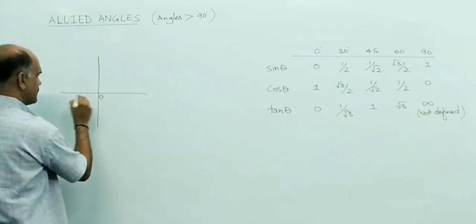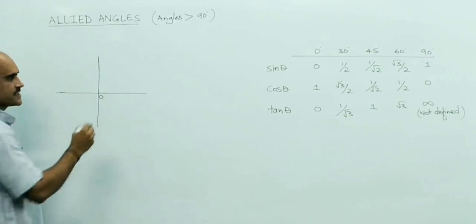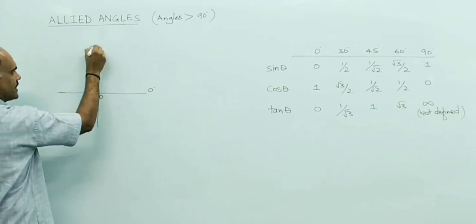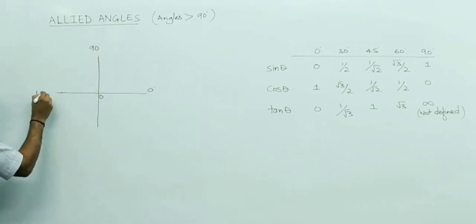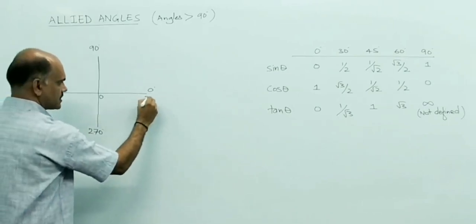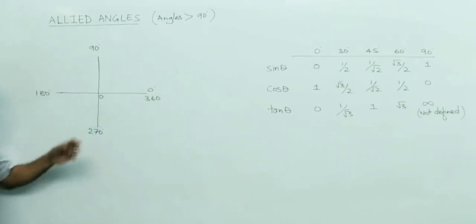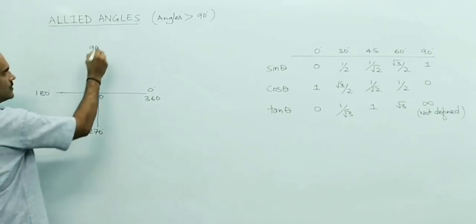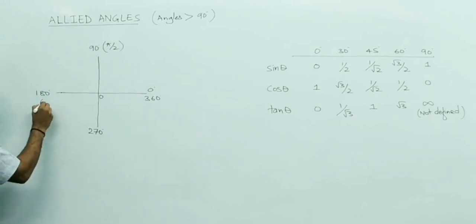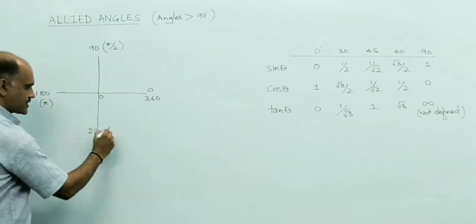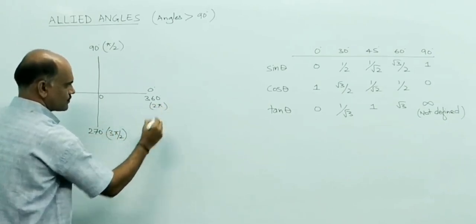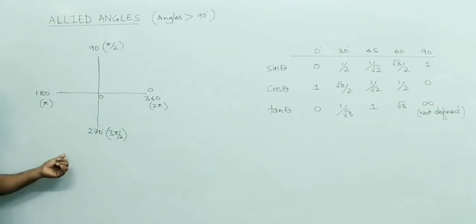So if I take this, this is first quadrant, that is here 0 degree, here you have 90 degree, here 180 degree, here 270 and again here 360 degree. Or in radian also you can remember: 0, 90 degree in radian is pi by 2, 180 is pi, 270 is 3 pi by 2 and 360 is 2 pi.